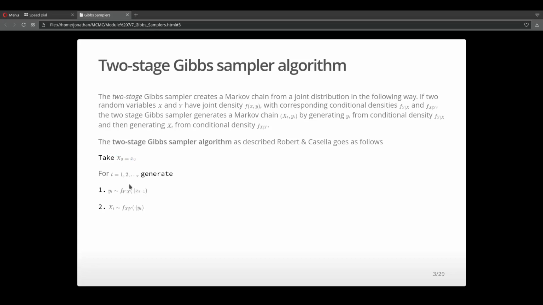Then, using this initial value, we plug it into this conditional distribution to sample y, and then we take this y value and use it to calculate the conditional distribution from which we can sample x. And then we sample y again, and then x, always updating those x and y values as we're also updating those conditional distributions. It's as simple as that.